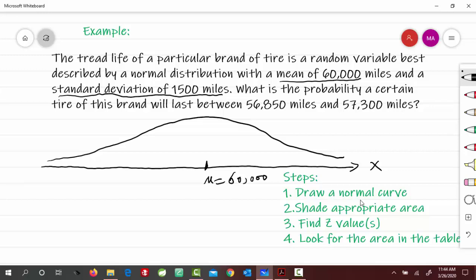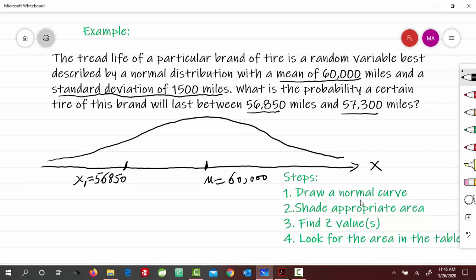And then we have to find the probability that the tire would last between 56,850 and 57,300 miles. So we have to first label them. So 56,850 would be somewhere here, for example. Let me call it x1.